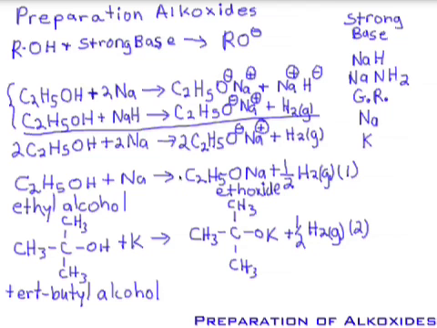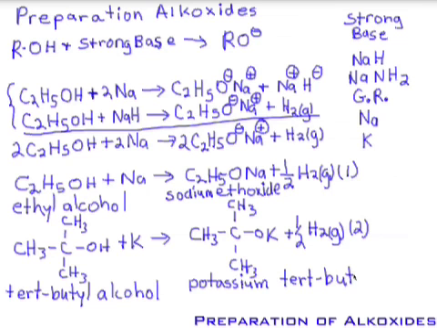If you're given the counterion, you write it as a separate word up front, sodium ethoxide. As a separate word. So what we have here is potassium tert-butoxide.